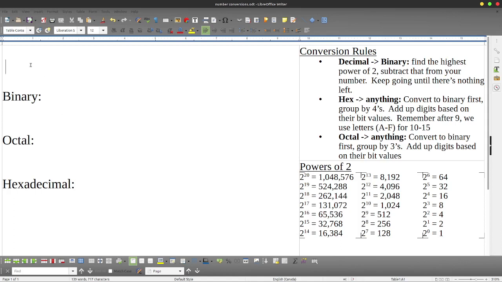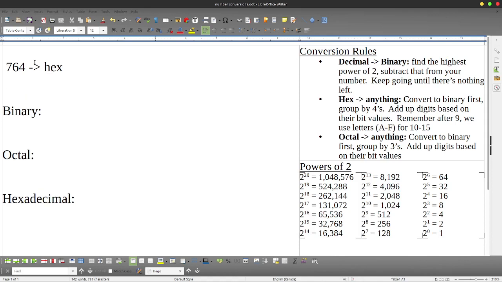So let's do octal to hexadecimal first. So octal, we're going to do that one to a hexadecimal, and we're going to do that one to octal.